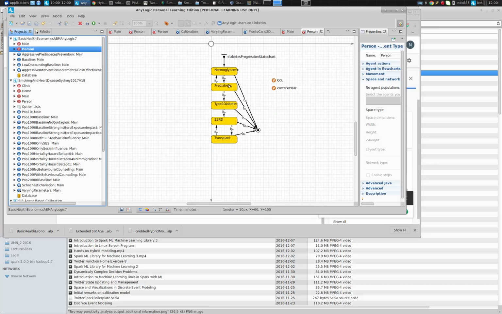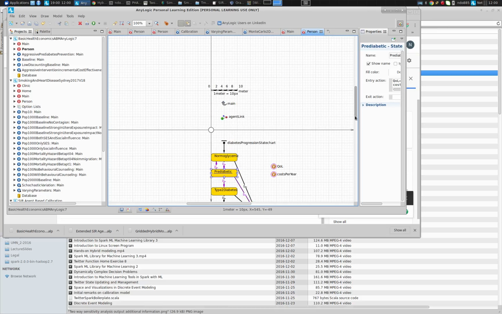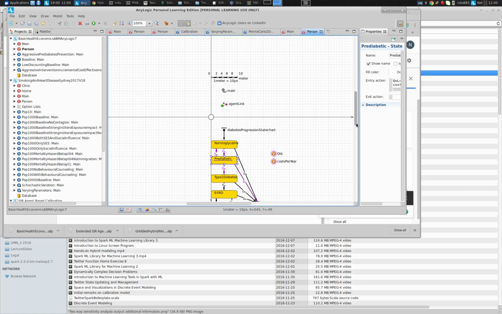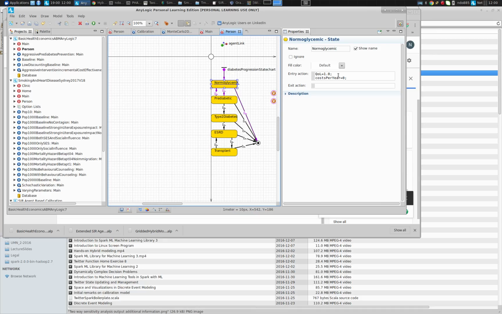And I'd note that if you look at some of these states, let's take the normal glycemic state there. Here we have quality of life designated as 1 and cost per year of 0. Type 2 diabetes, by contrast, we have a quality of life of 0.8 and cost per year of 2,000.